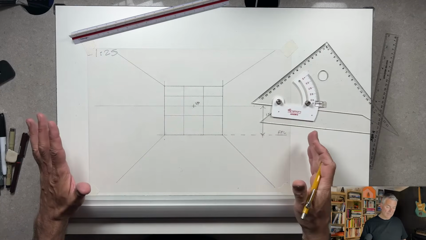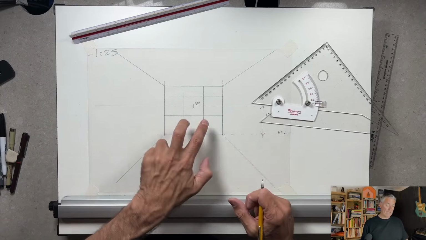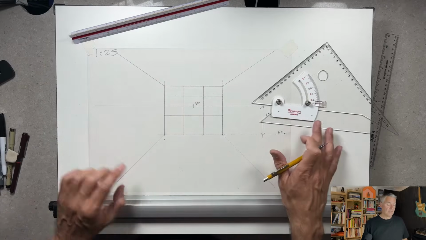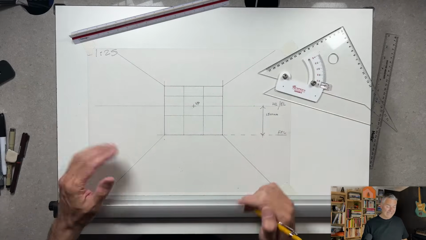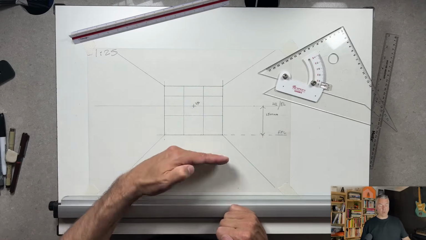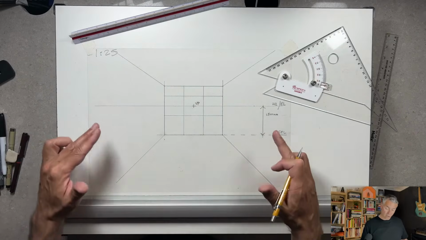Now we can begin to see our one point perspective taking shape. I can see my back wall, my side walls, my floor and my ceiling. What I need to do now is dimension out from my back wall across my floor, walls and ceiling, and that will give me the whole of my room.